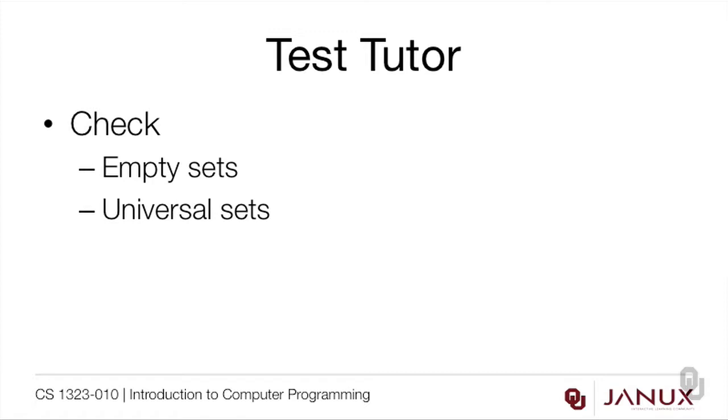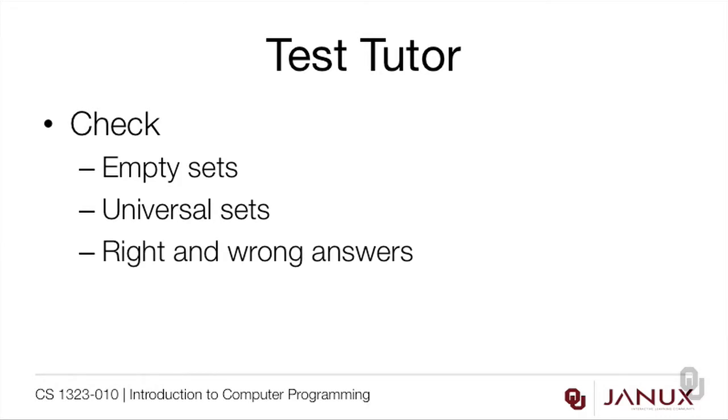Now we didn't actually check universal sets other than indirectly. Because we did a complement operation, we did see a universal set in that. So we've kind of checked it, not really well. Of course we checked right and wrong answers. We didn't check duplicate elements though. This is why it's always good to have a testing plan, as we forgot to test that. So let's go back and do just a little bit more testing.